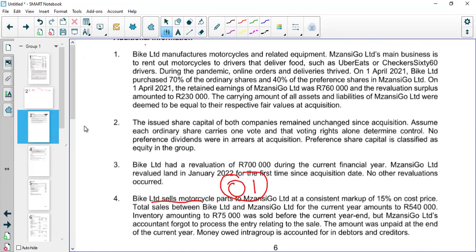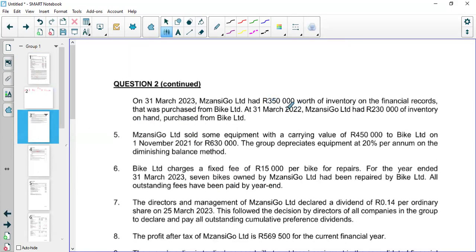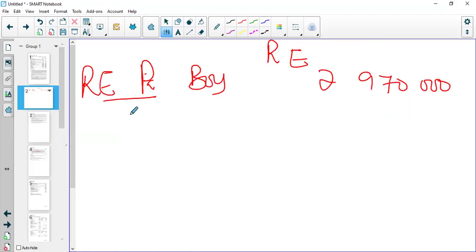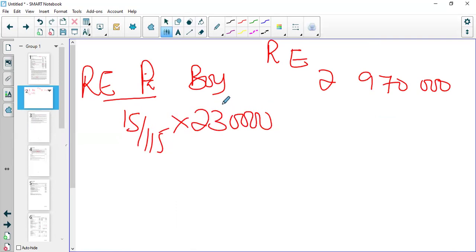We're going to subtract that. So at 31 March, it was 230. So we say 15 over 115 multiplied by 230,000. This has to be subtracted because it's not yet realized. So it's at the beginning of the year.